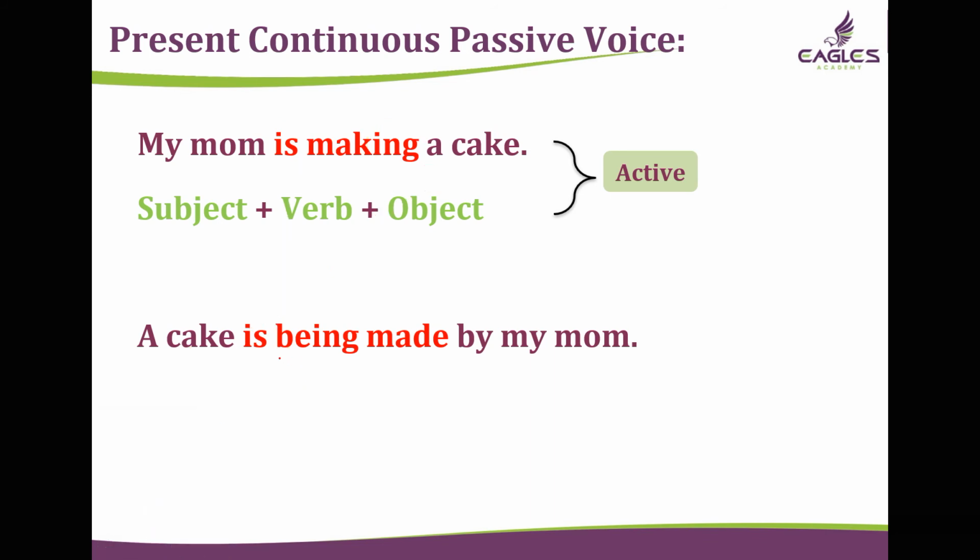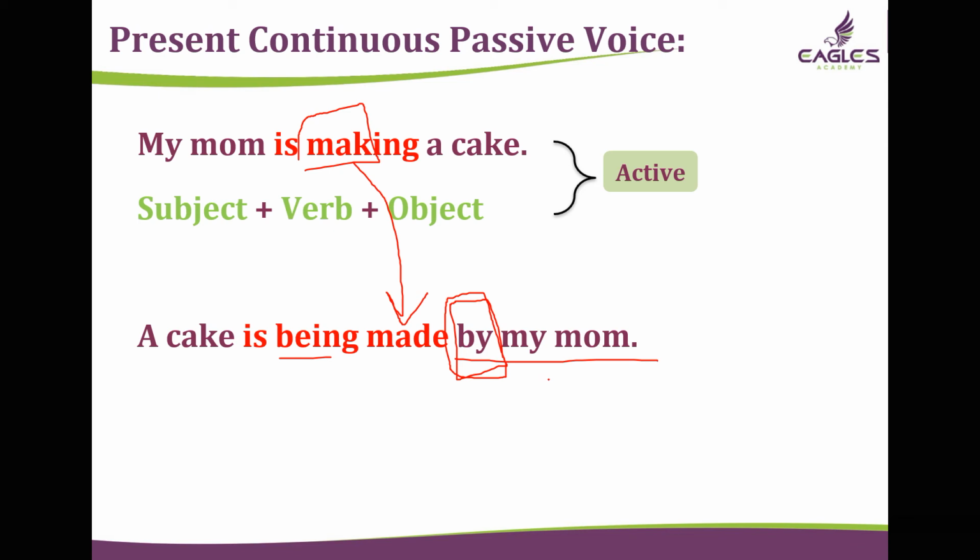Okay, so "being". Instead of "ing", we write "being". Then we turn make to what? To made. So we write the past participle, made. And finally, we complete the sentence. By my mom. There should be "by". Do not forget to write "by" before the subject, okay, dears?